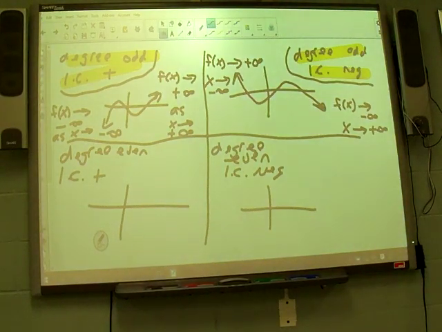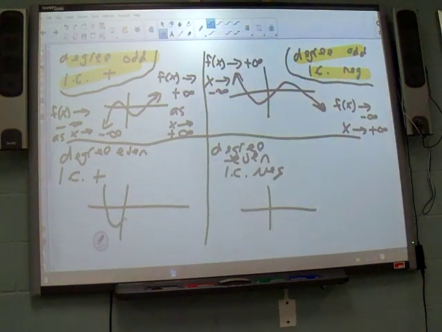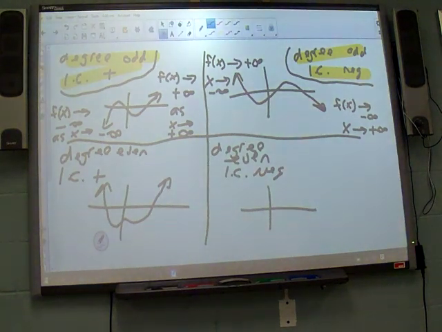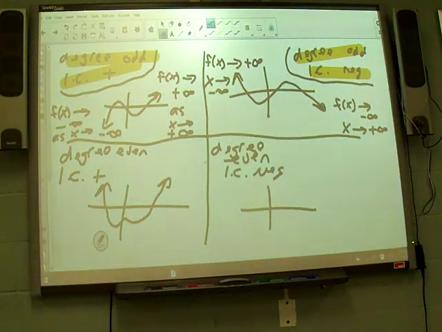What do the ends do on a parabola? They go in the same direction. Very good. So if my degree is even and my leading coefficient is positive, they're going to both point up. And you know that because a parabola's got an even degree. So if it's a positive leading coefficient, if your A is positive, it makes a U. Okay, so something along those lines there.